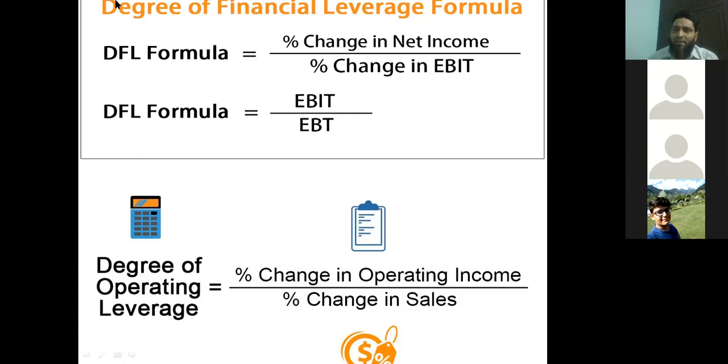So even if sales change by 10%, it doesn't mean there will be a 10% change in income, due to different fixed and variable cost composition. Whatever the change in sales, the change in operating income will be different. So you may calculate the operating leverage ratio, and accordingly you may ascertain the likely return you are going to get as an investor.